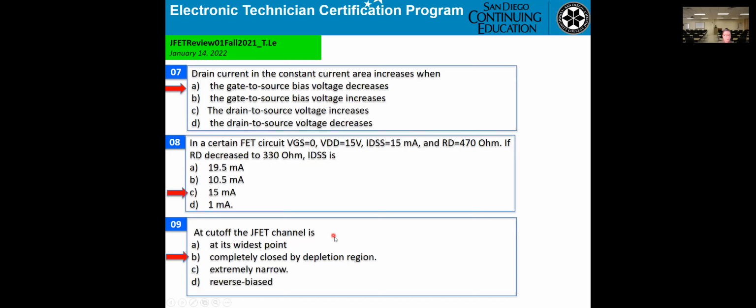So we get 15 milliamps. The reason is they already gave you VGS equals 0. So VGS equals 0, then ID must equal IDSS. It doesn't matter what RD equals.